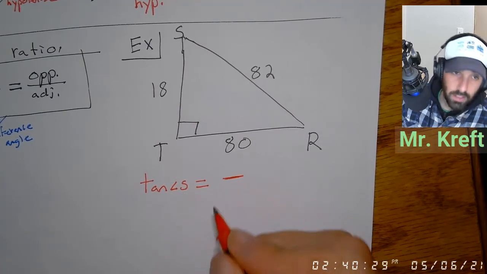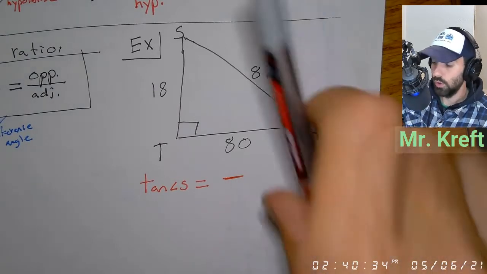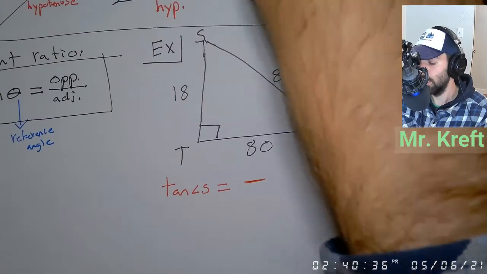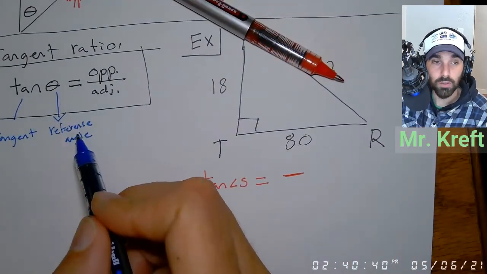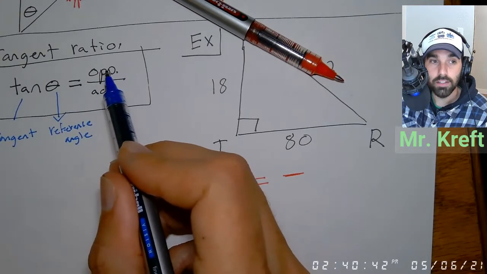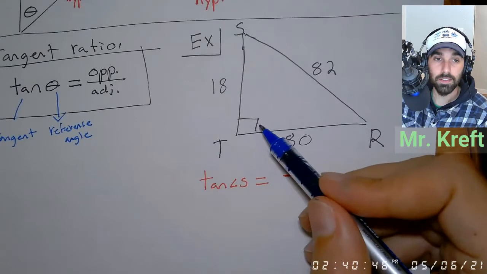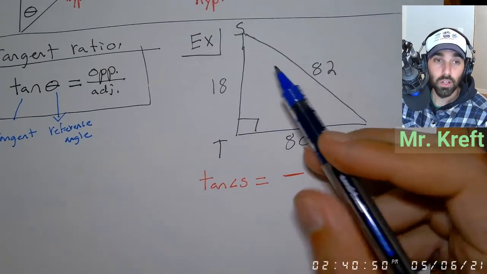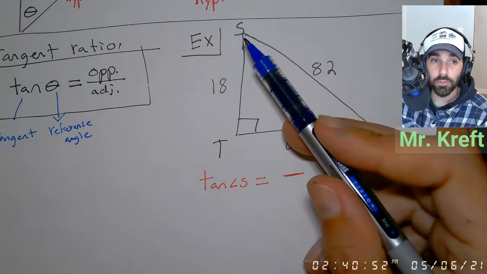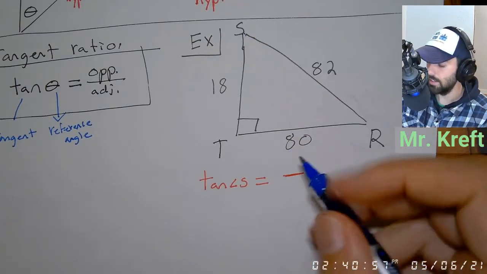Right, so that's going to be a ratio. It's going to be something over something. So we have to remember that the tangent of a reference angle is the opposite side over the adjacent side. So if I'm looking at this, well, the hypotenuse is 82. So the side furthest away, the side opposite of angle S, is 80.